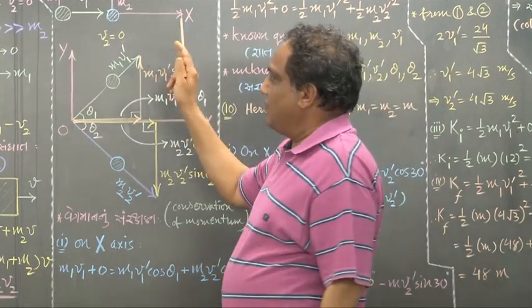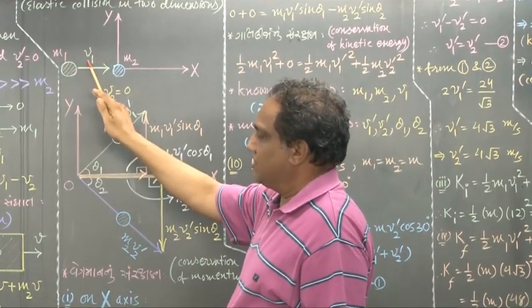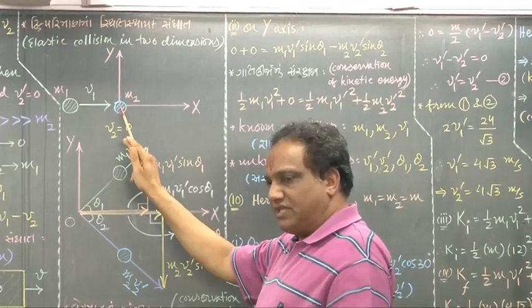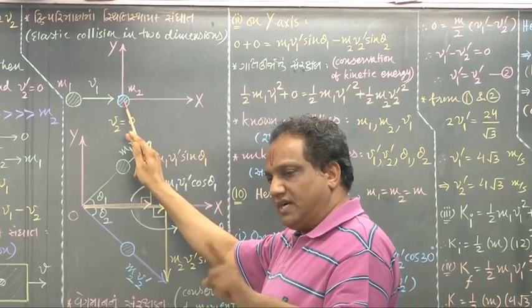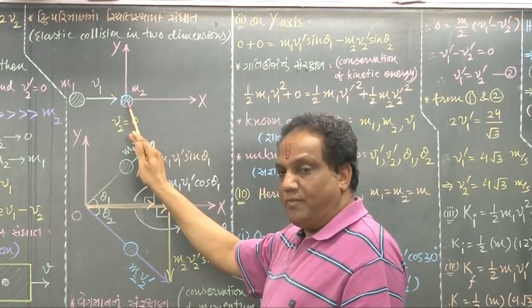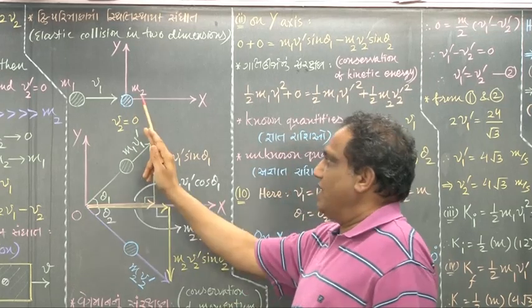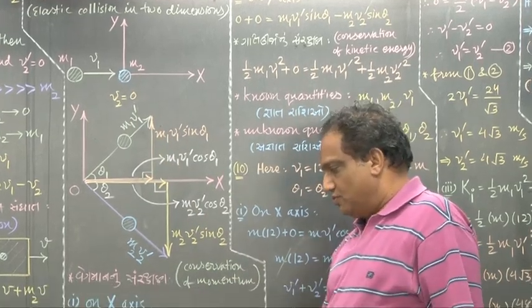On the x-axis, what is the momentum of the first body, everybody? m1 v1. Say, the second body was at rest. Any body which is at rest has no velocity, no momentum, no kinetic energy. So momentum of the second body is initially 0.